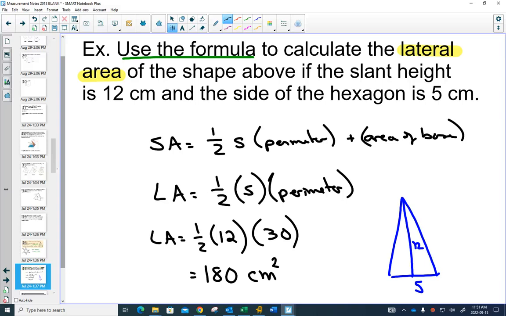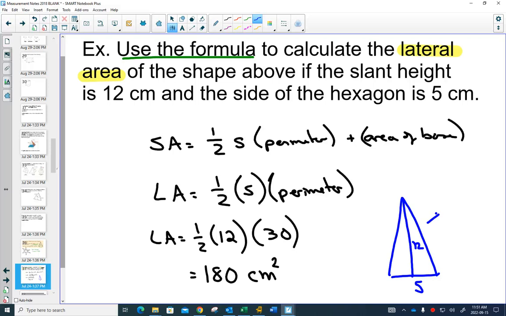Now, you're telling me that you'll probably not remember a formula like this if it's not on your formula sheet. So if you had to find the lateral area of a pyramid with a hexagon as a base, my suggestion is find the area of one triangle.